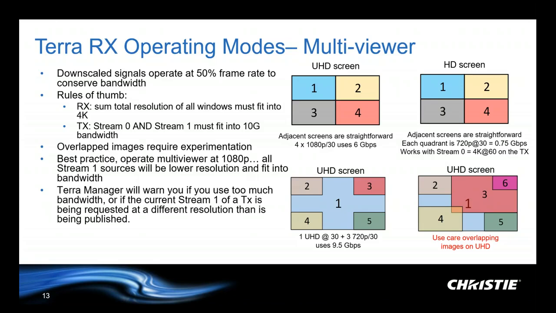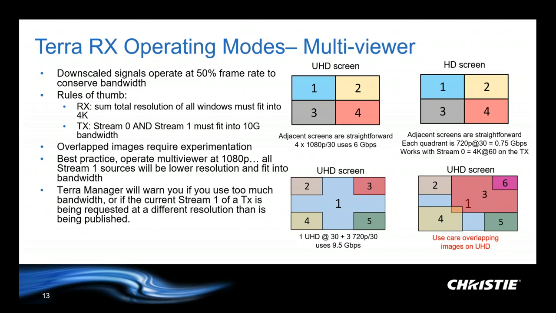In these examples on the screen here, on the top left, you've got a UHD screen, so 3840 by 2160, and we're using 1080p sources at 30, which takes up 6 gigabytes. So that should actually work, so long as the sources, remember, can handle it.